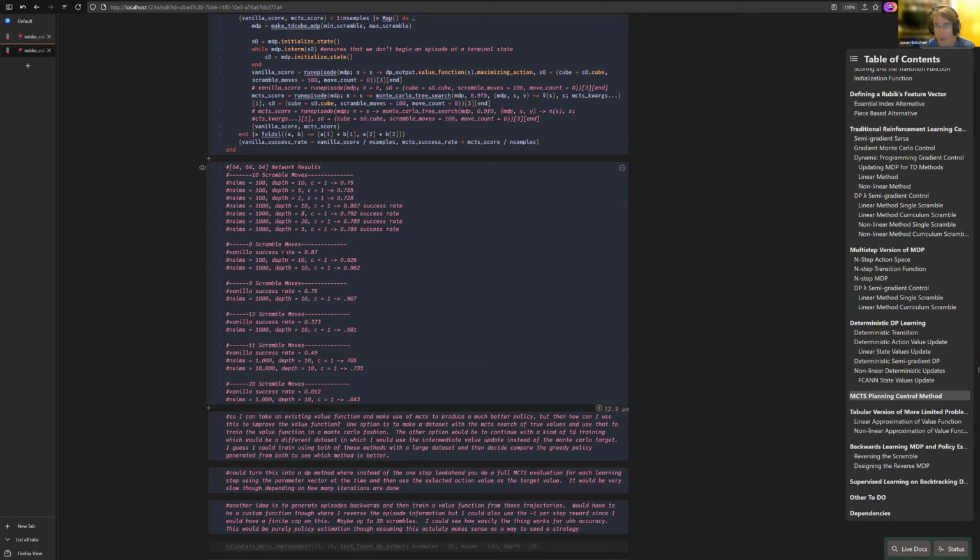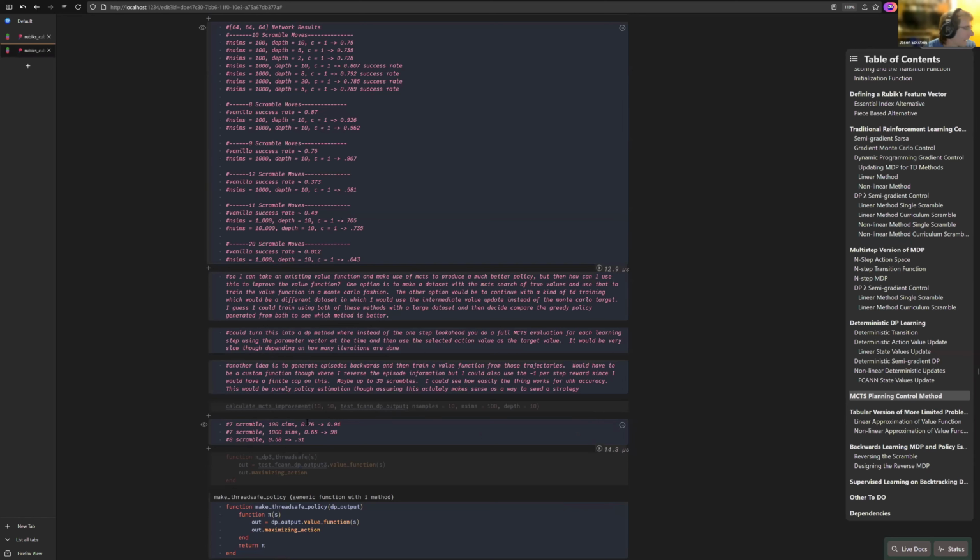Here's an example where I have a policy that only had a 76% success rate on 7 scramble. When I applied the search with 100 simulations, it boosted it up to 94%. So that's a pretty significant improvement.